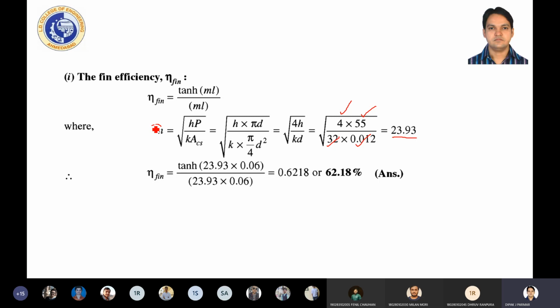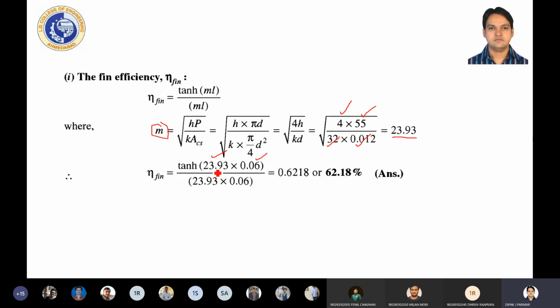Once your m value is known to you, you can put this value into the equation. So tanh(mL), the length of the fin is given as 60 mm, which is converted into meters. m we have already calculated, that is 23.93.